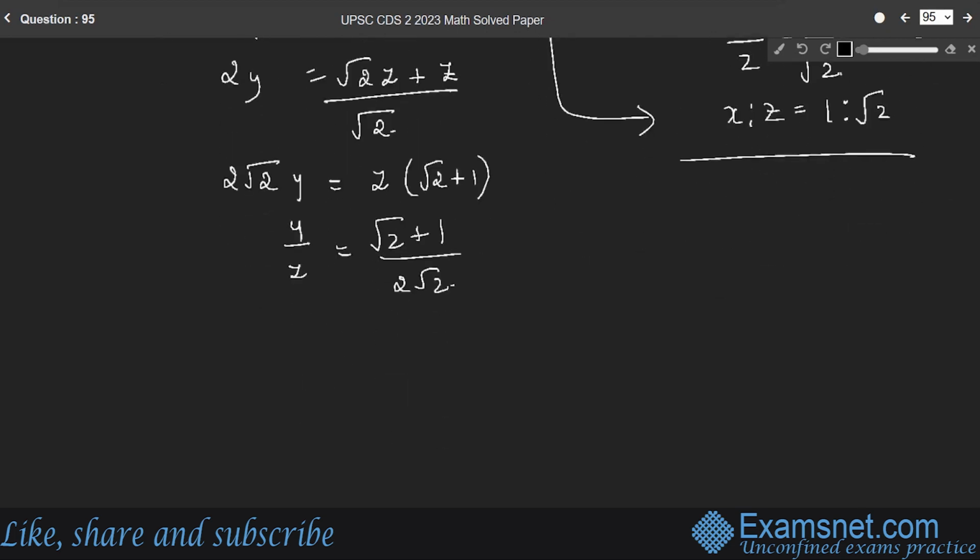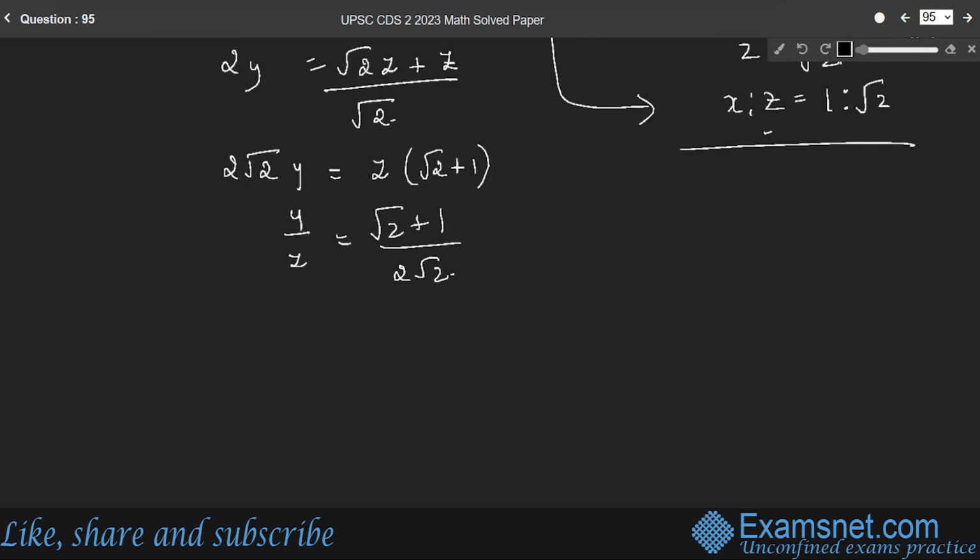Therefore, x to z ratio is 1 is to root 2, y to z ratio is root 2 plus 1 by 2 root 2, right? So here x by z is 1 by root 2, right? Now we'll consider y by z whole divided by x by z, so that we can take the ratio between x and y.